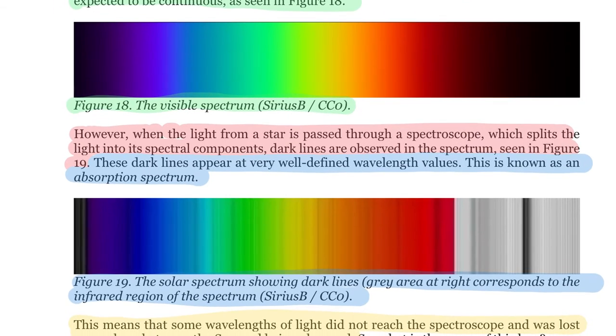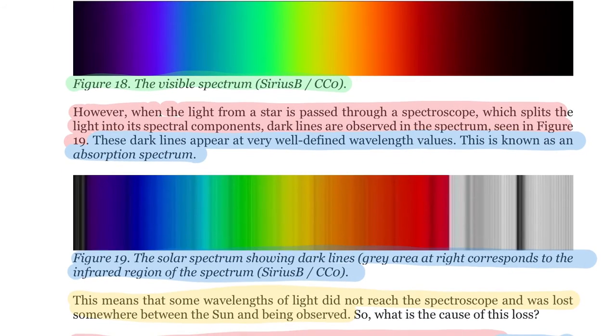And yet, when we pass it through an instrument called a spectrograph, which is designed to split the light into its component colors and frequencies, either by means of a glass prism or by means of something called a diffraction grating, we see that there are many, many dark lines to be found in most sections of the spectrum.